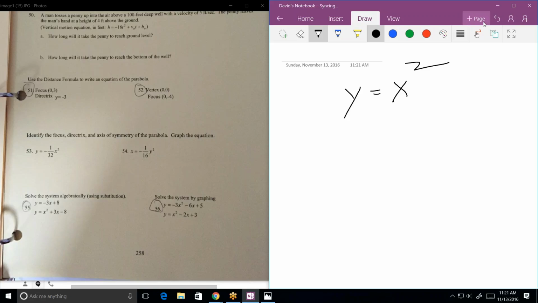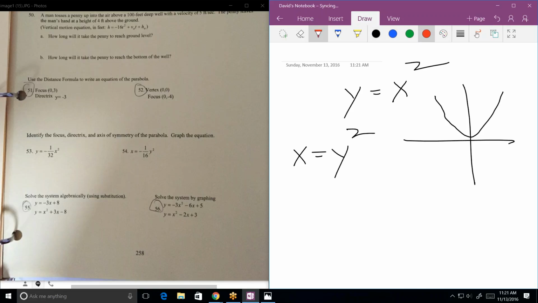That's y equals x squared, right? And that is a vertical parabola. Well, if you have instead x equals y squared, that is a parabola that looks like that. It's not even a function. Doesn't pass the vertical line test, but it's still a parabola.